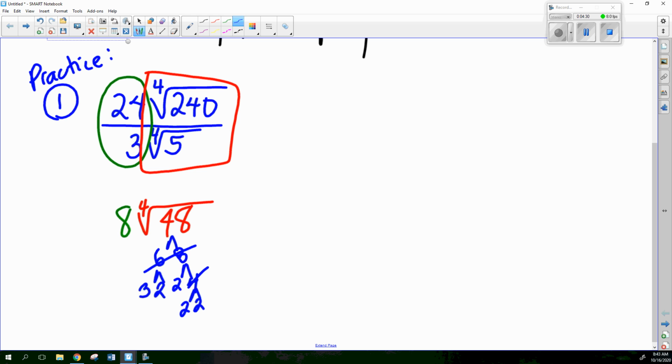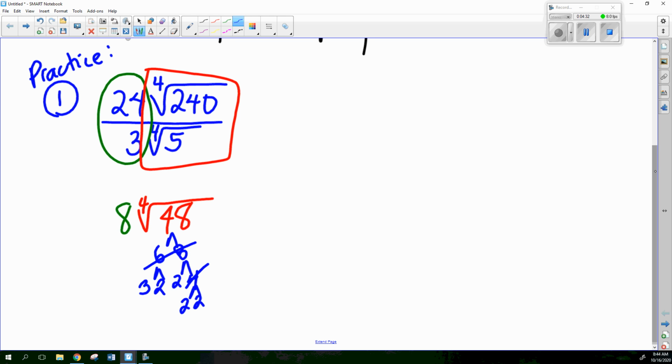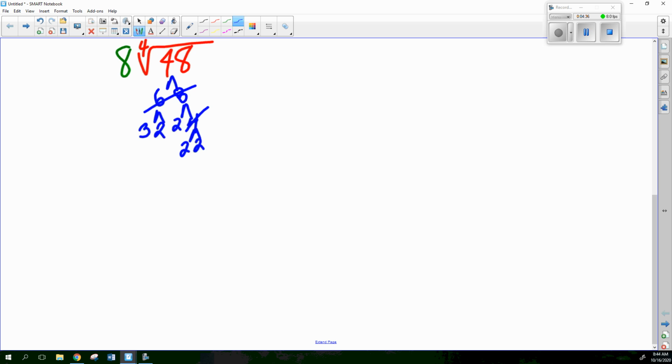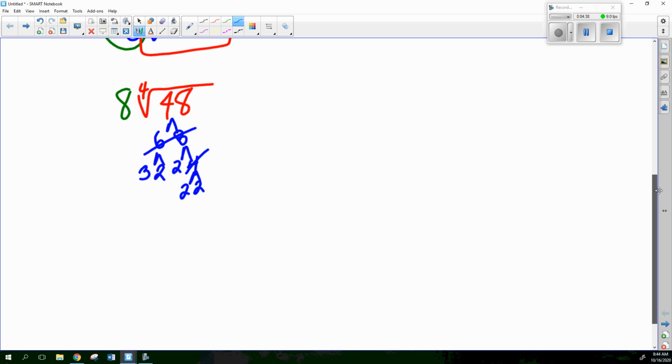Okay, I hear you. All right, so hopefully we're okay with making a factor tree at this point. Yes? And I need how many of a kind to make a circle? 4. I have just enough 2's. All right, what do I do with that 2?